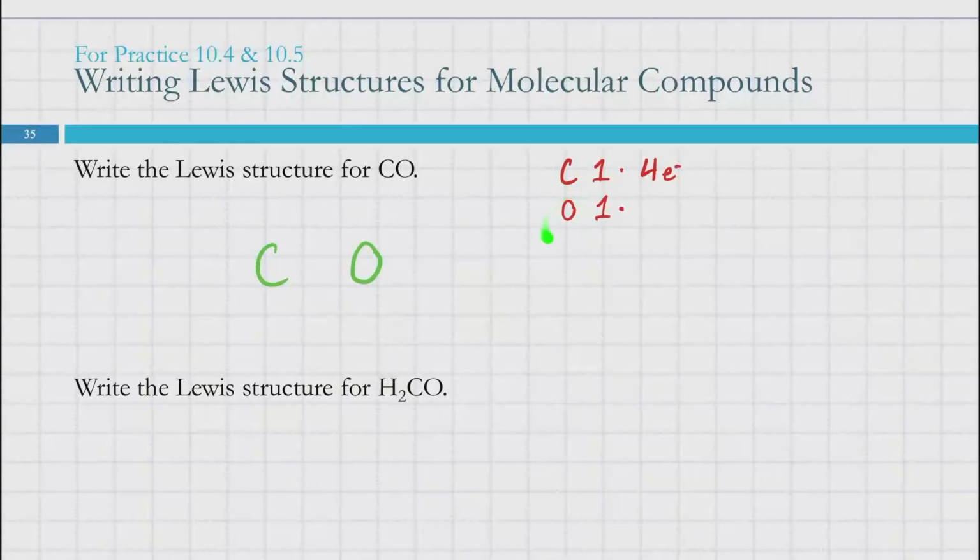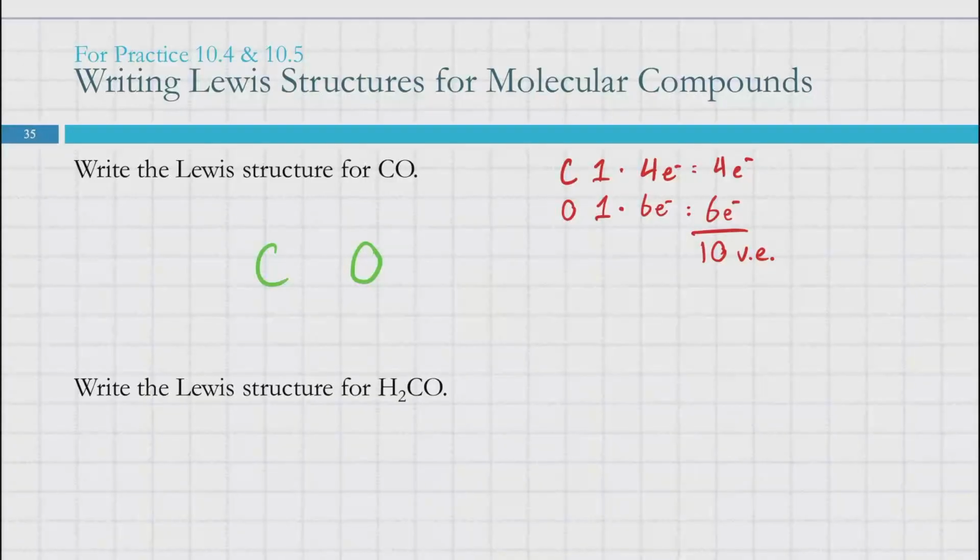Oxygen is in group 16, or 6A, and so it has 6 valence electrons. So from our carbon, we've got 4 electrons. From our oxygen, we've got 6, so we've got a total of 10 valence electrons.